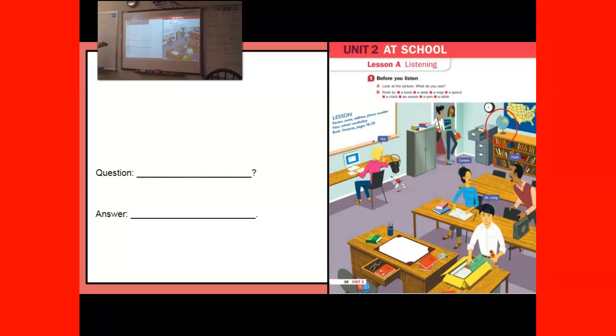Map, globe. Good. Again, we spell it globe. All right. Now again, we're going to call this a bookcase. A bookcase.